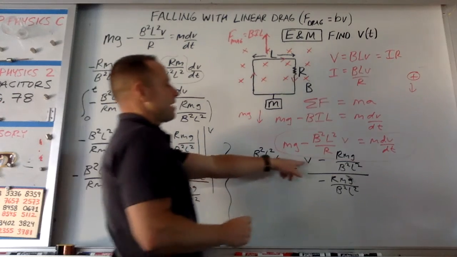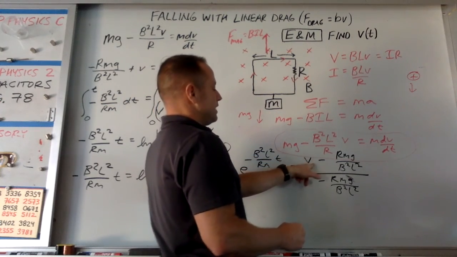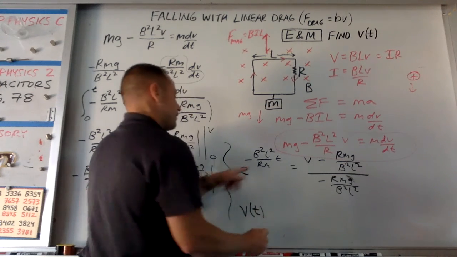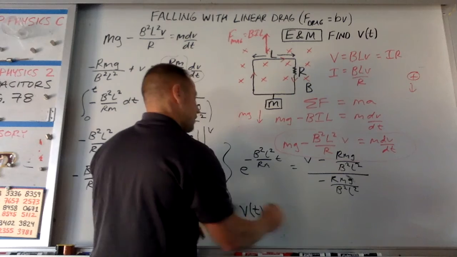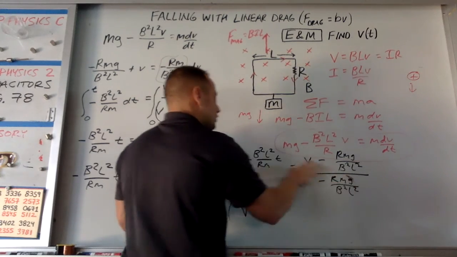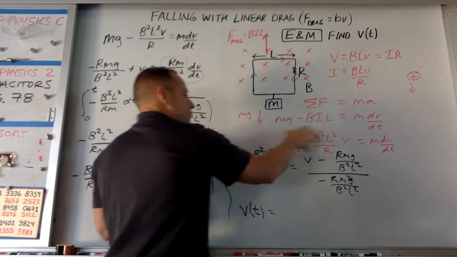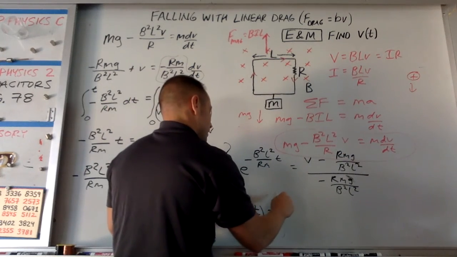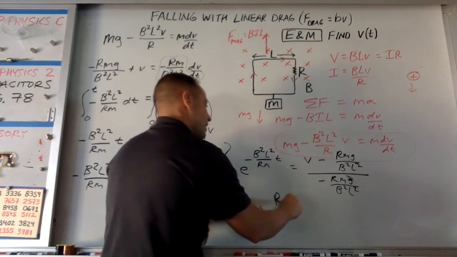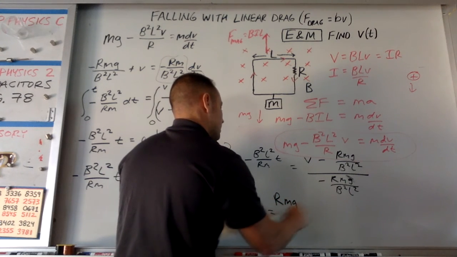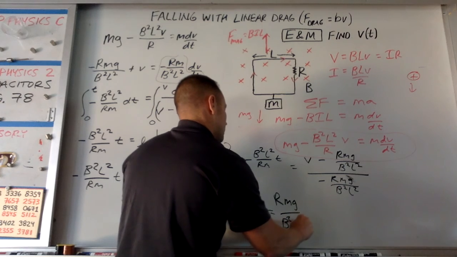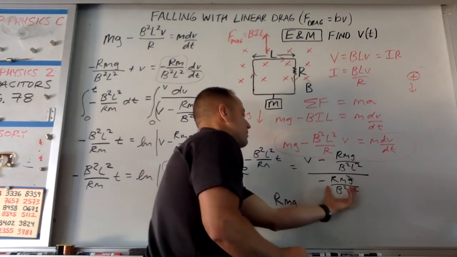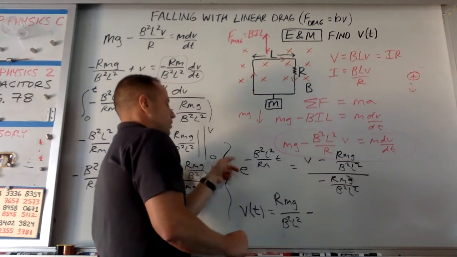And then the final move now is just a little manipulation to solve for v. So to extract the v, so v of t, because it's going to be a time-dependent function, what you have to do is multiply this term over and then add Rmg over b squared L squared. So that last move is we had added Rmg over b squared L squared, and then minus a term that's from this thing in the numerator multiplied by this exponential.